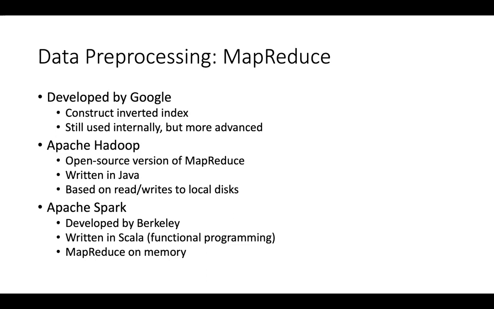So someone inspired by that decided to write a Java version of MapReduce and open source it as an Apache project. Apache Hadoop is written in Java, and it's based on reads and writes to local disks.